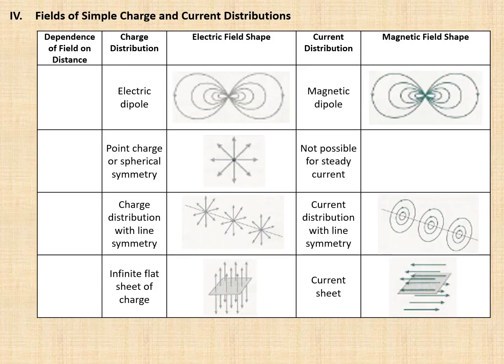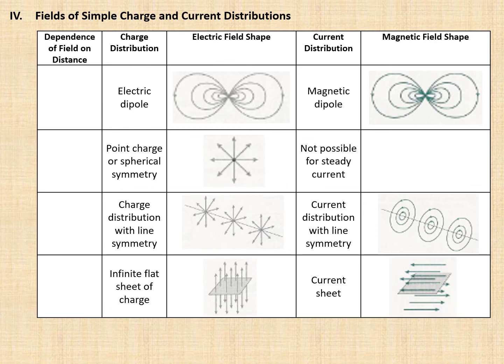So now that we've looked at the form of the magnetic field surrounding various current distributions, let's take a look back at various charge distributions that produced electric fields, and look at some of the similarities between the field strength and distance for both electric fields and magnetic fields.